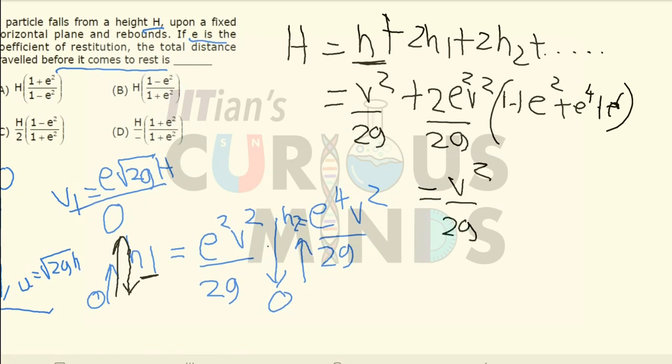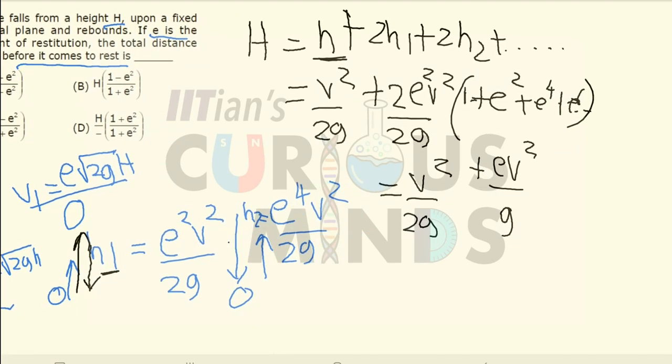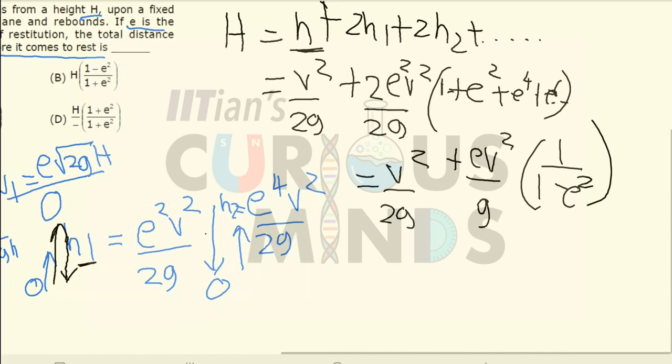For this series, 2 and 2 get cancelled out, and it will be equal to 1 divided by 1 minus e square.